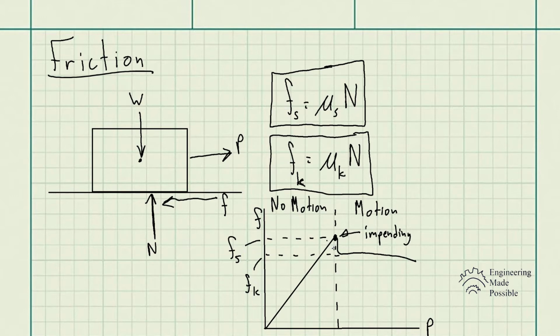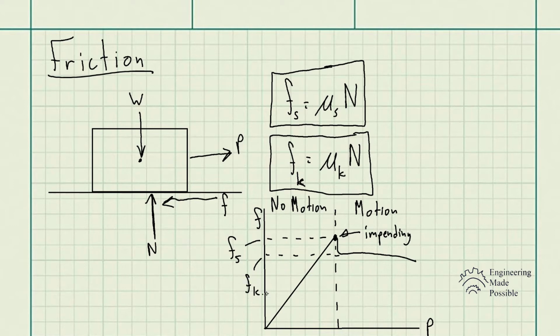Right after you exceed the maximum static frictional force, you get motion. The box starts to move, and that's where your frictional force decreases to the kinetic frictional force, and as P keeps on increasing, the box accelerates more.